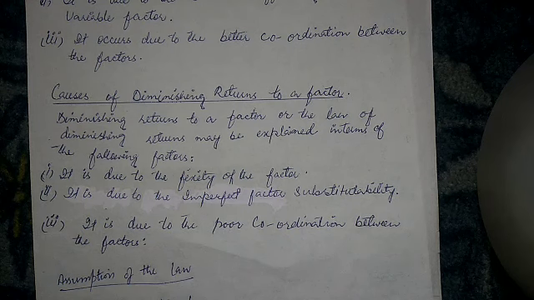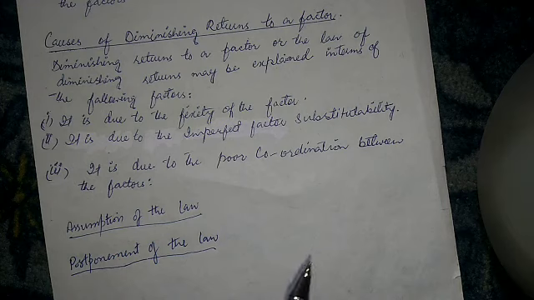And what are the assumptions of the law? The law of variable proportions is based on certain assumptions. The first point is that the ratio in which factors of production are combined can be changed, and second, units of the variable factor are homogeneous, equally efficient, and are increased one by one.